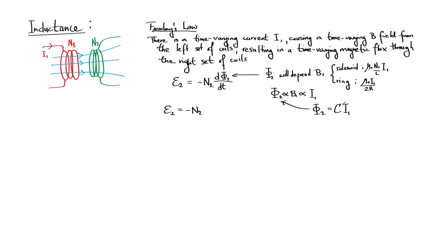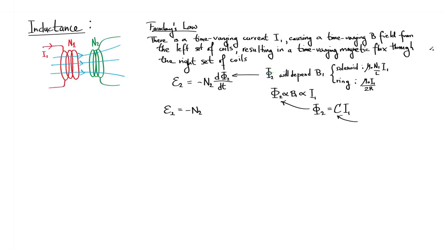Okay, so this is some proportionality constant. If there were two solenoids very close together, there would be a mu naught, N1 over L, there would be N2 in there, and all these things, but it doesn't really matter what the geometry is. So I basically just say there's some constant C.